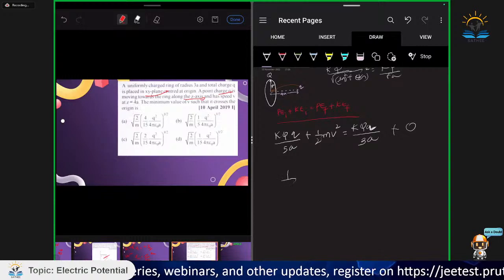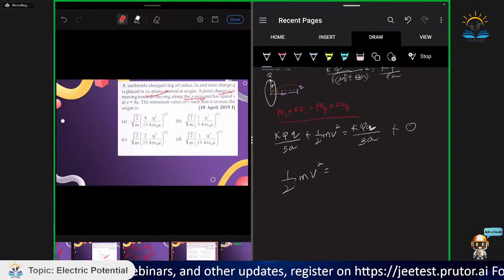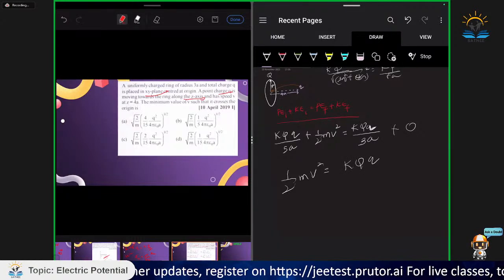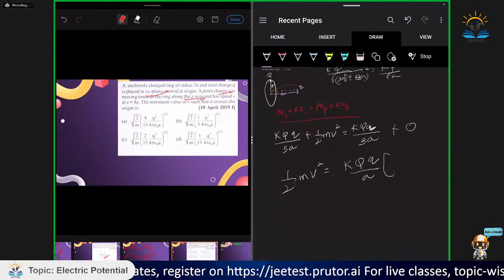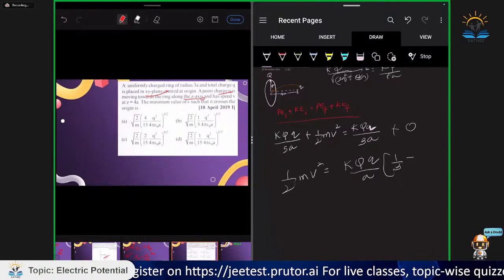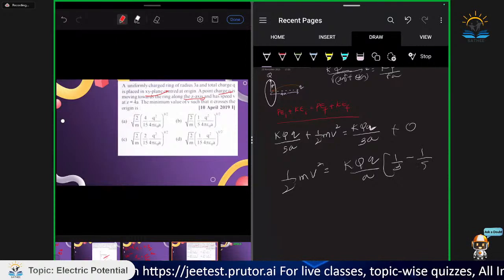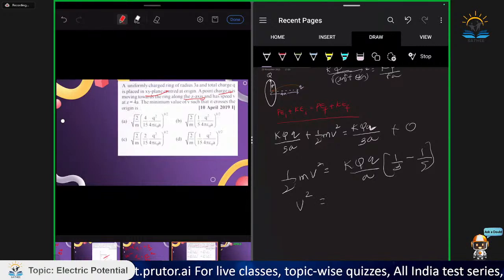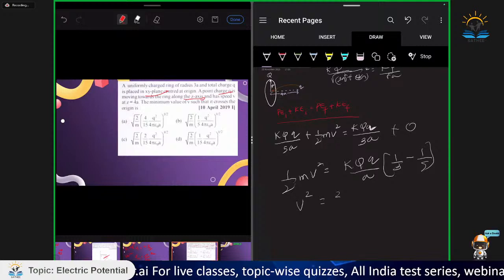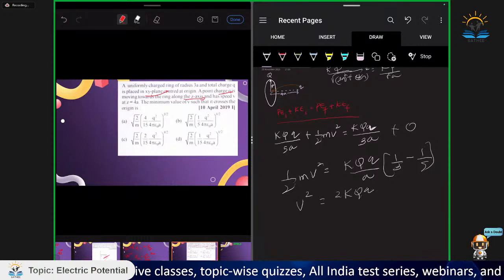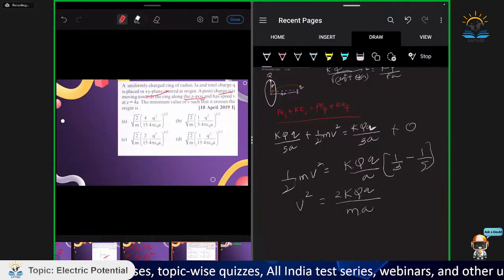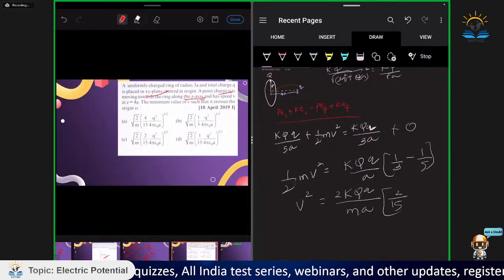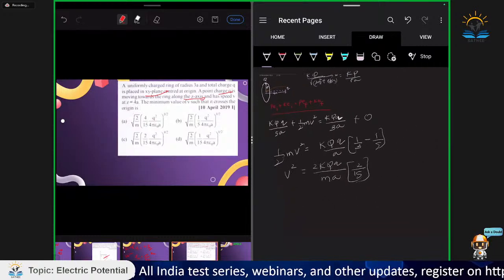Half mv square is equal to kQq by a into 1 by 3 minus 1 by 5. So v square is equal to 2kQq by ma into 5 minus 3 by 15, which is 2 by 15.